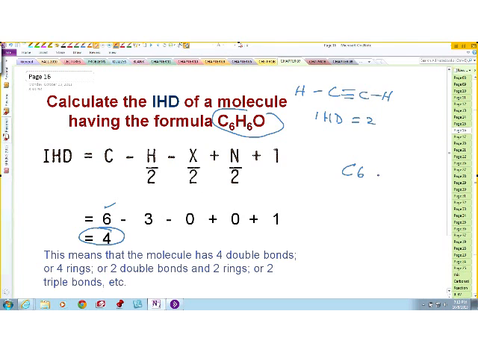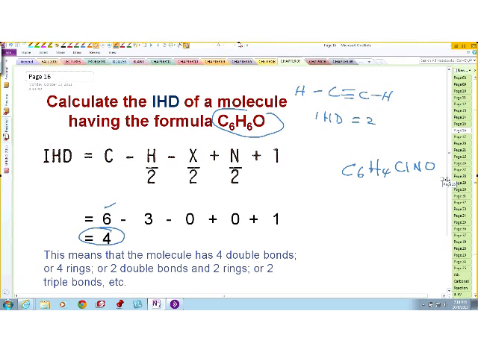Supposing I give you this formula, C6H4, with chlorine, nitrogen, and oxygen.